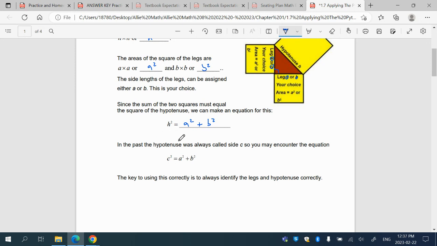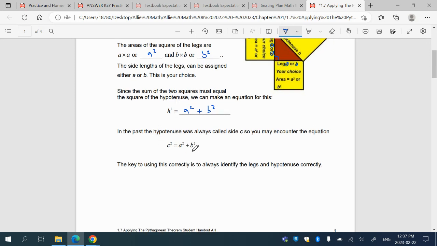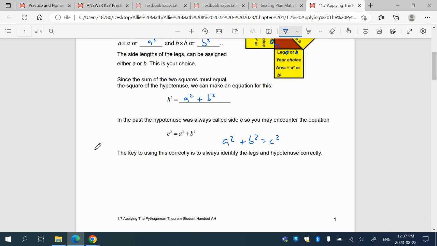In the past, the hypotenuse was always called side c, so you may encounter the equation like this, or you may see it the other way, a squared plus b squared equals c squared. Doesn't really matter which side you have on which side of the equal sign. It's all the same. And the key to using this correctly is to always identify the legs and the hypotenuse correctly.